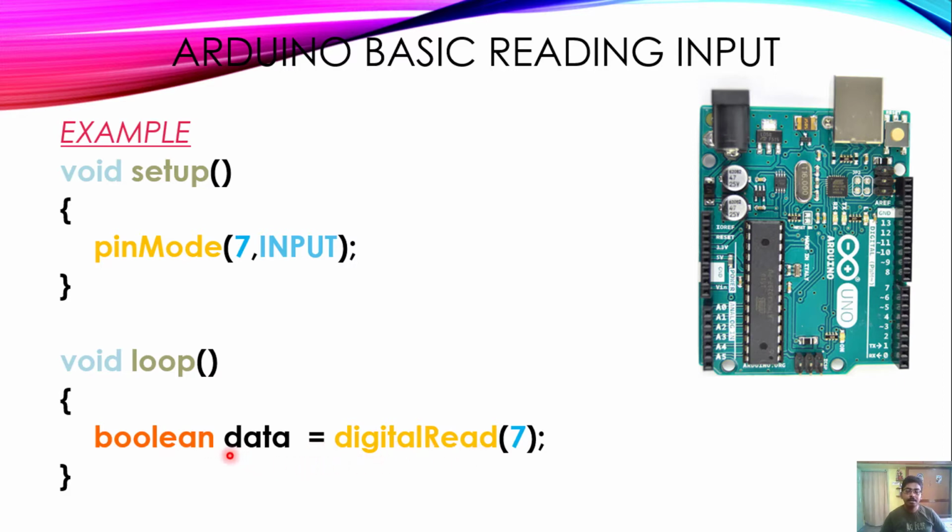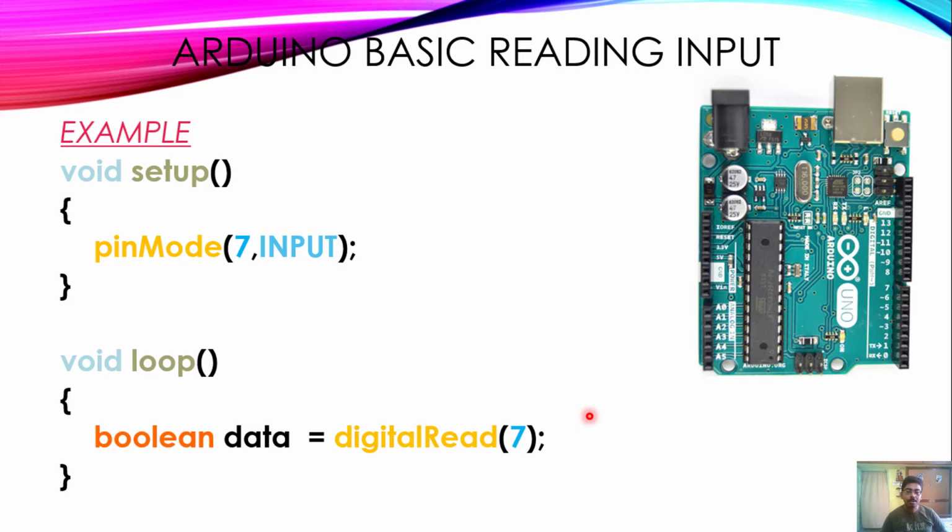It should be in a high state or a low state. If we are using digitalRead, we can capture only boolean data on digital pin 7 as mentioned in the statement. If you want to capture analog data, you need to use these analog pins.